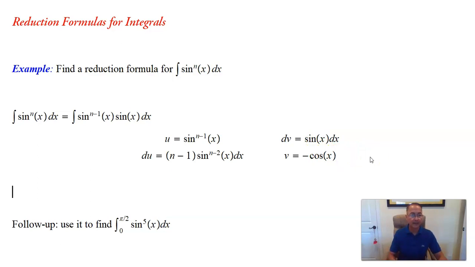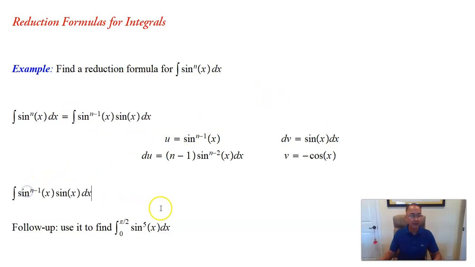Awesome. So now we can apply the integration by parts formula. Here, u times v. So we have sine to the n minus 1 of x times negative cosine x. Let's put the minus cosine x first. Minus cosine x times sine to the n minus 1 of x.